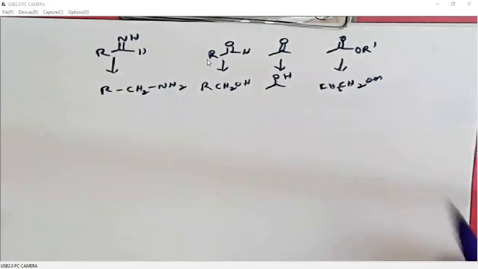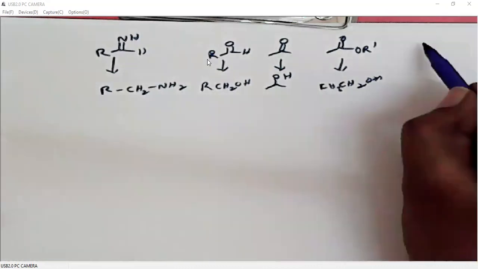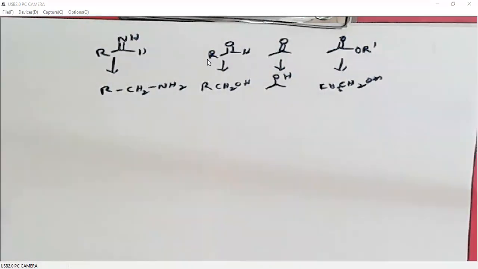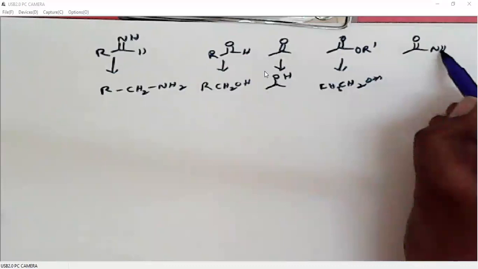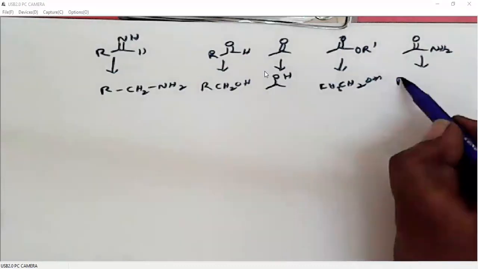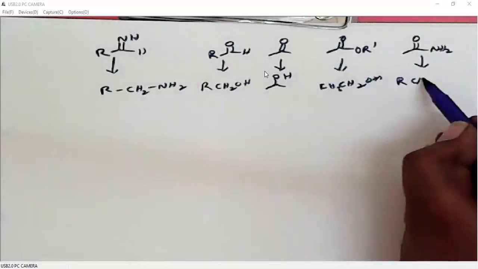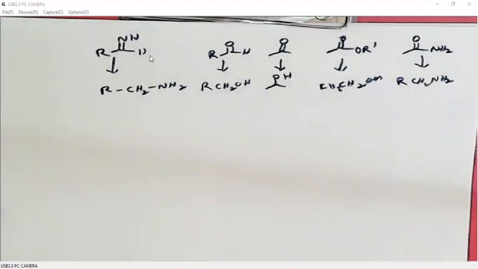Then amides can be reduced to alcohols. And finally, we have carboxylic acids.